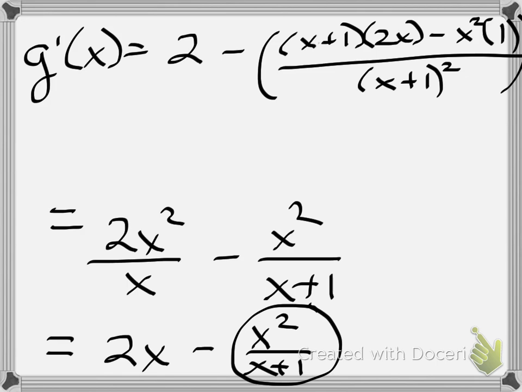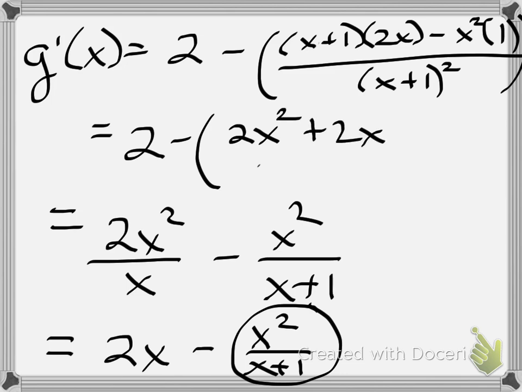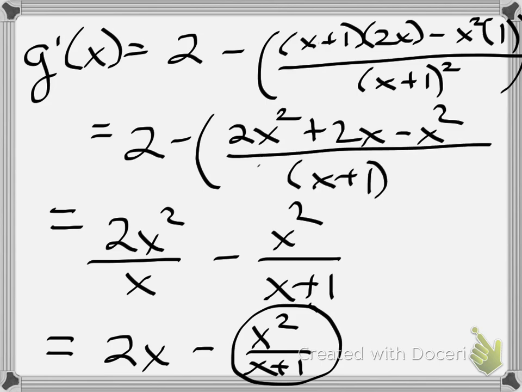All right, so that becomes 2 minus the top. I'm going to distribute, get 2x squared plus 2x minus x squared over that x plus 1 squared.